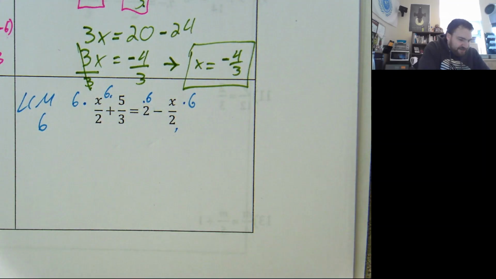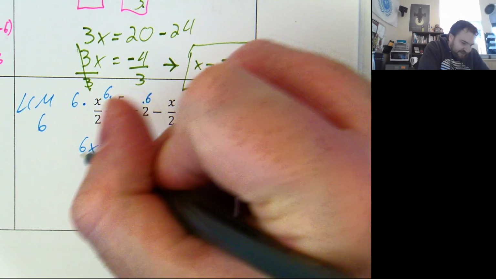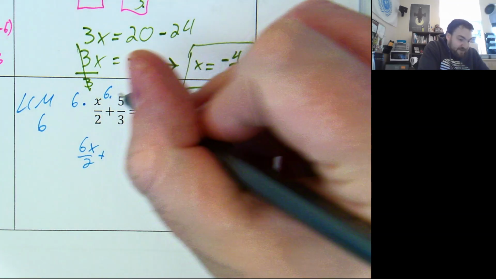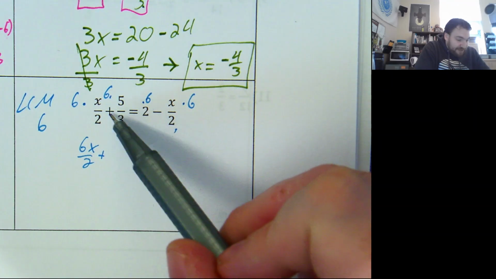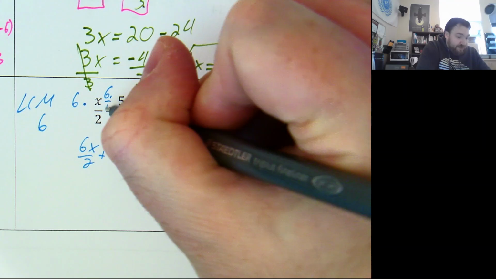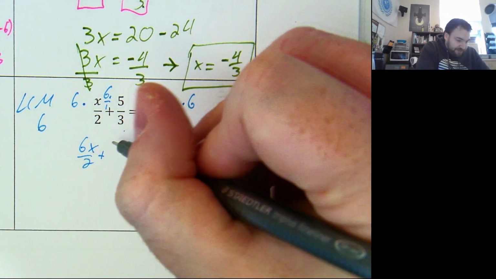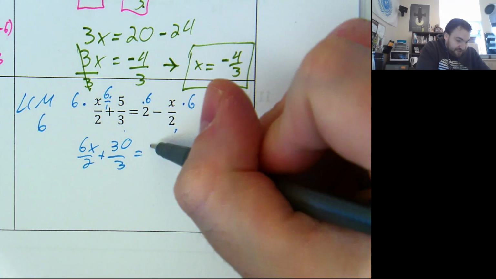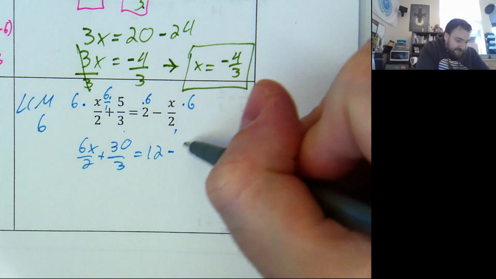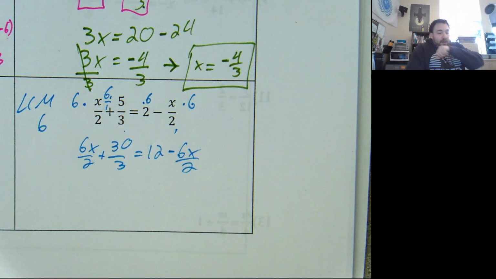What that's going to give us is 6x over 2 plus, when I multiply by a fraction, I multiply the numerators and the denominators. 6 is the same as 6 over 1. So that's going to become 30 over 3 equals 2 times 6 is 12 minus 6x over 2.